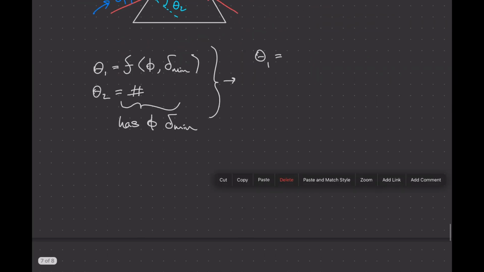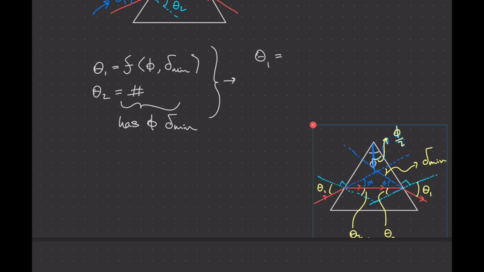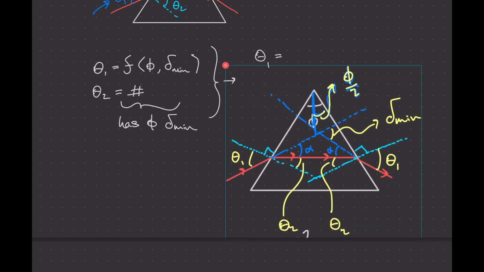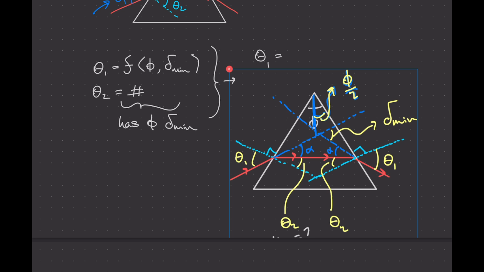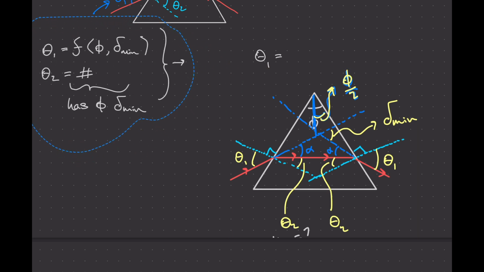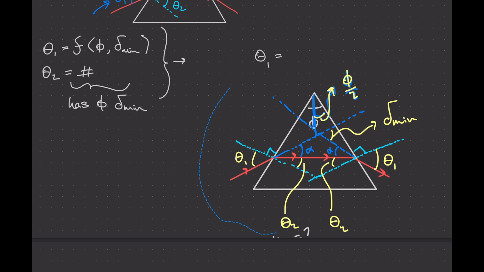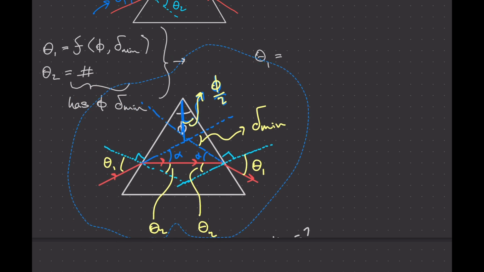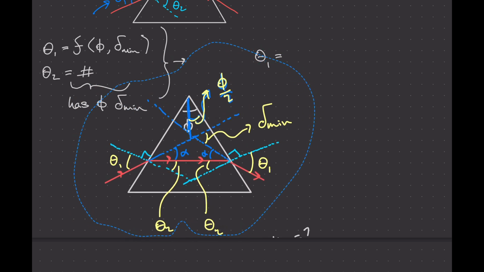I'll do this by duplicating the image and pasting it over here, making it a bit bigger. I'll move this stuff into this corner and then move my big picture right here.